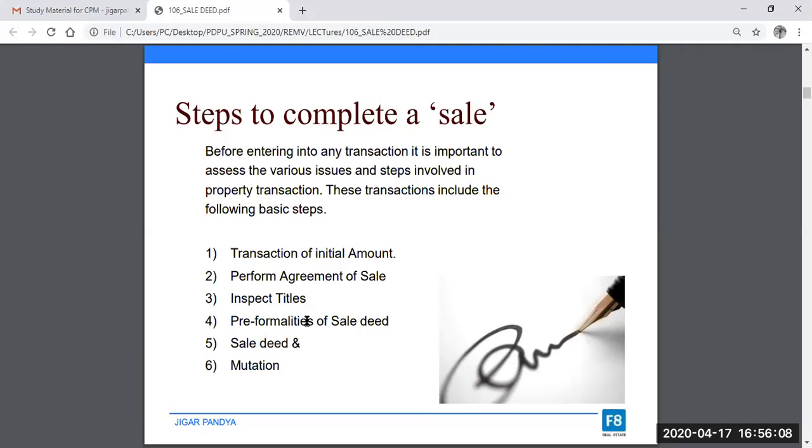One of the formalities is to pay the full amount, maybe in parts, that is in installments or in full. And secondly, the vendor is required to give the possession of the property to the buyer.